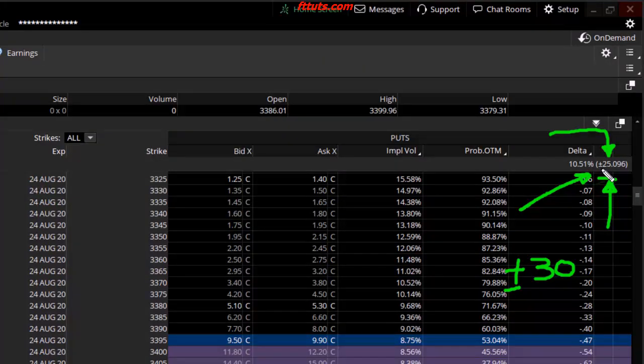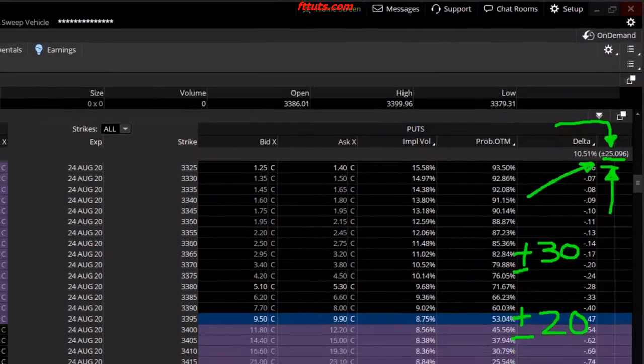If I had a plus minus 15-point expected move, then I would use plus minus 20-point wings. So the fact that I have plus minus 25 means that I should set up my iron butterfly with plus minus 30-point wings. So let's go down to set that up.